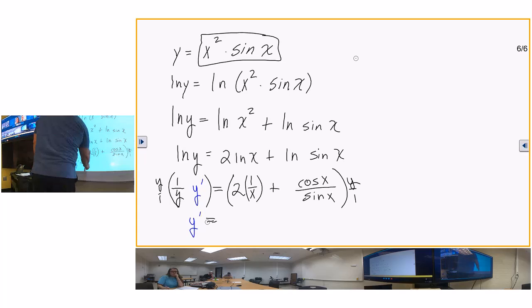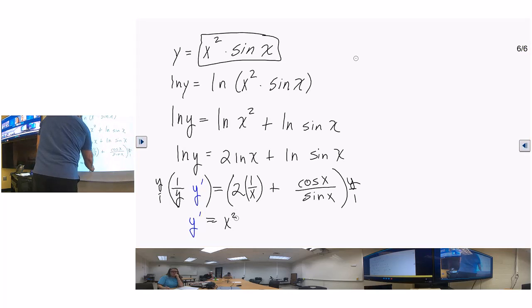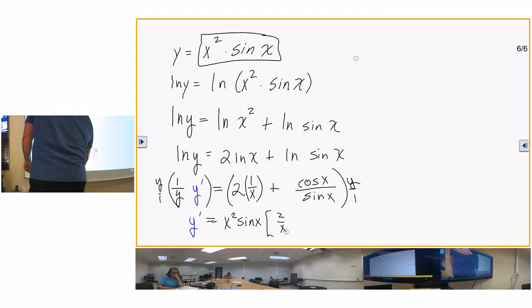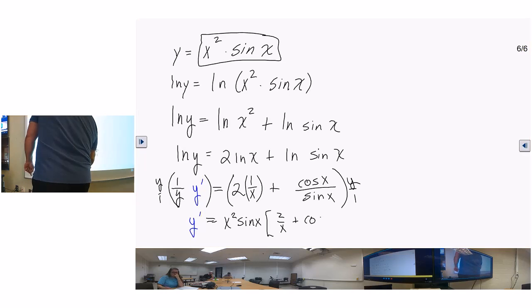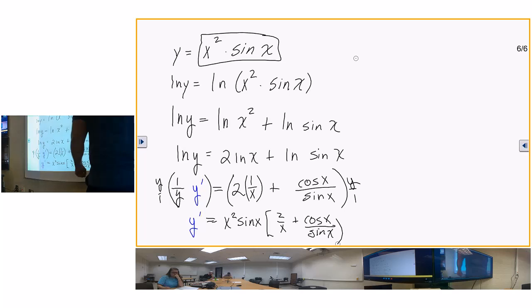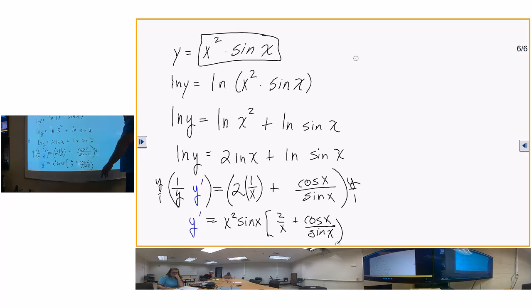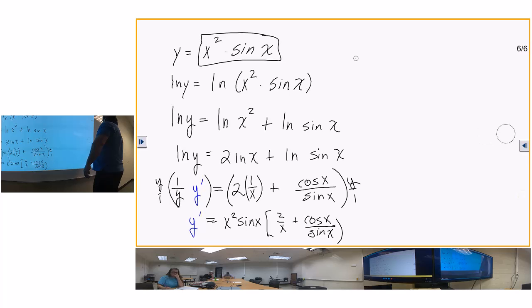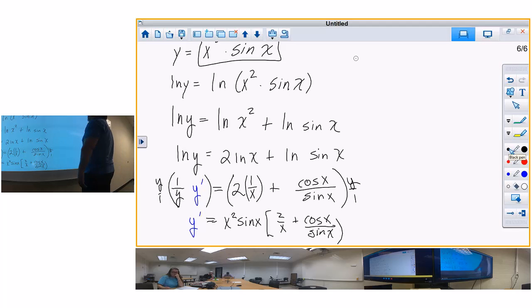So I'm going to take x squared times the sine of x and multiply it by 2 over x plus cosine of x over sine of x. And you can do that if you want to. I don't know how far the test or the homework will want it, but we'll go ahead and play with it a little bit.